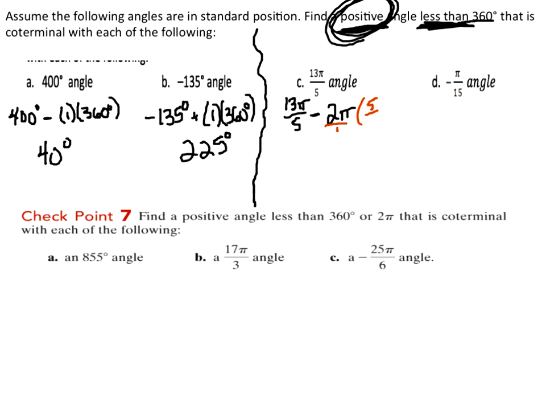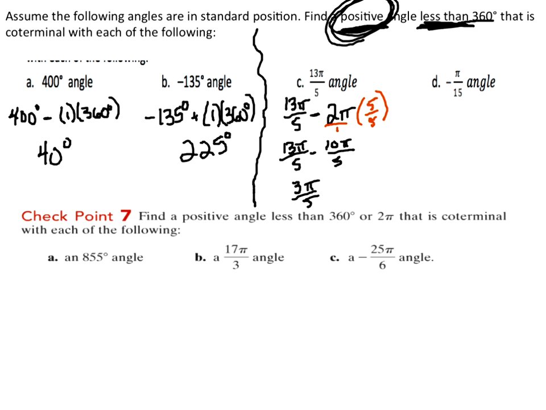So we multiply by this clever form of 1, 5 over 5, that gives us the denominator we're looking for. So now I have 13 pi over 5 minus 10 pi over 5, because you multiply fractions straight across. 13 minus 10 is 3, so I end up with 3 pi over 5, just like Madison did.